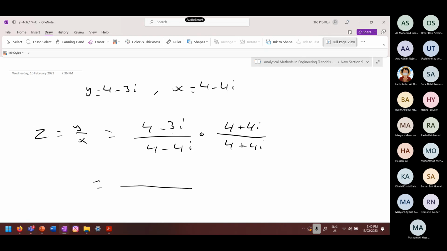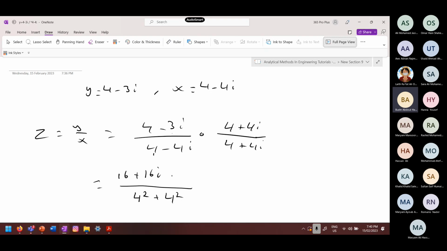The first thing is that you're going to have 4 squared plus 4 squared. This is fixed. Whatever the values are here in the denominator, just keep them, with the summation of the squares. As for the numerator, 4 multiplied by 4 is 16. 4 multiplied by 4i is plus 16i.